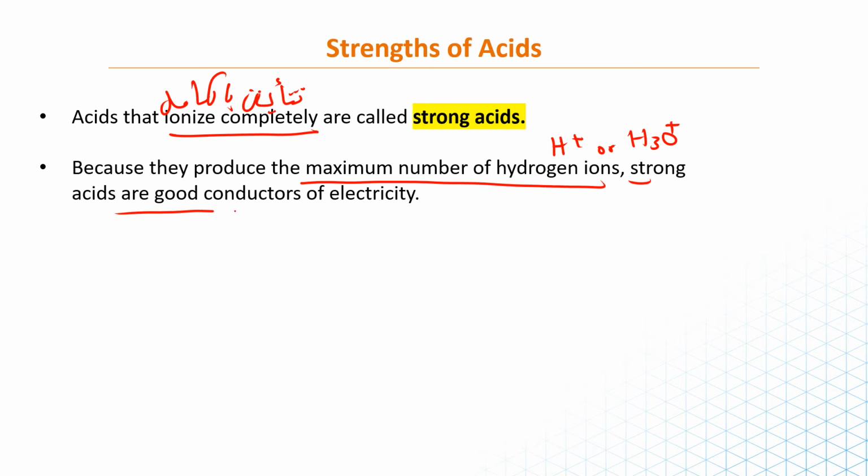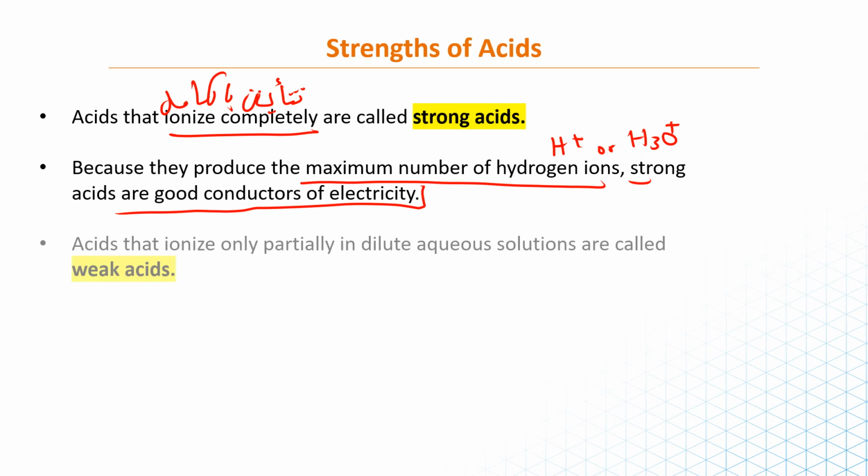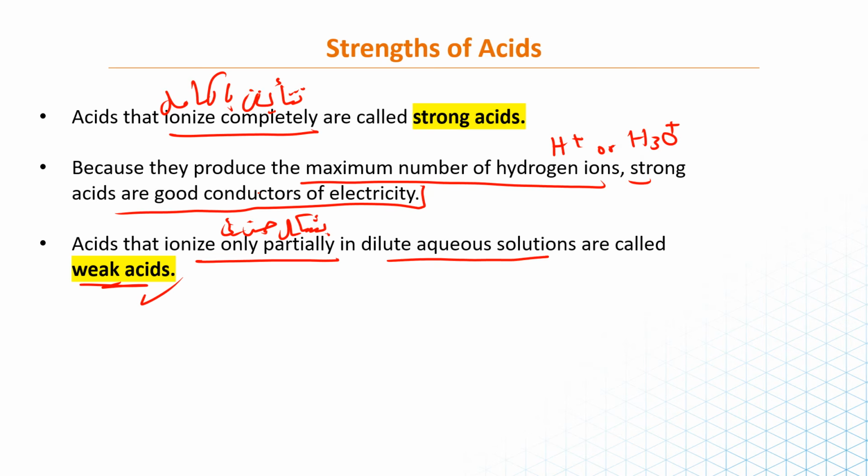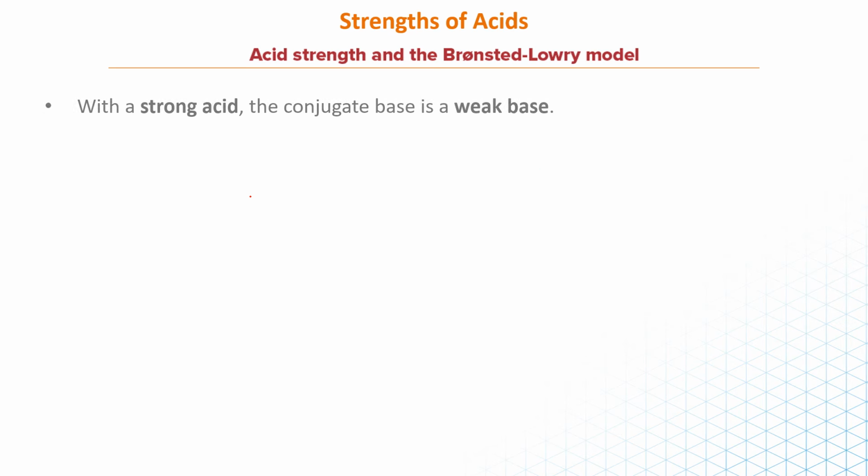Strong acids are good conductors of electricity because they produce the maximum number of ions, because they ionize completely and break apart into ions. Now acids that ionize only partially in dilute aqueous solutions are called weak acids. Okay? This is what we mean by strong and weak acids, guys. So this is very important.